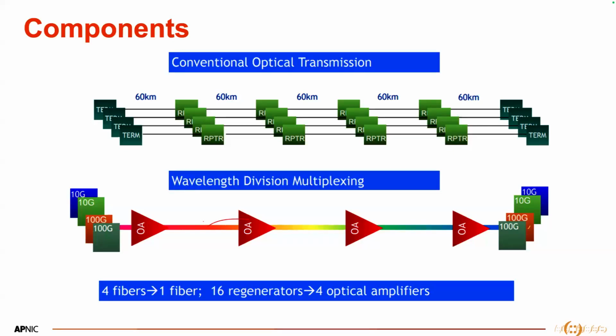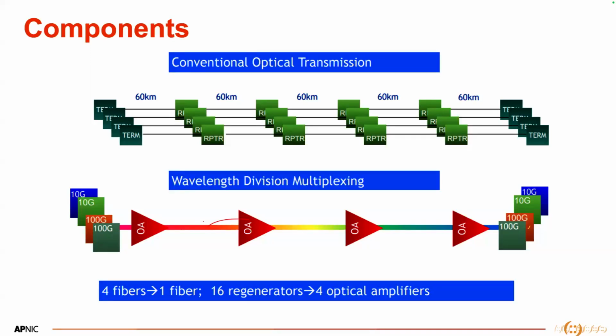Okay, at 3:30. As you can see in the slide, for conventional optical transmission, what was happening? We used repeaters at end stations from one station to another. We had to carry the signal by repeating it again and again.